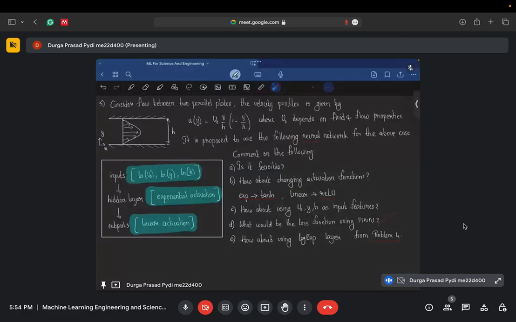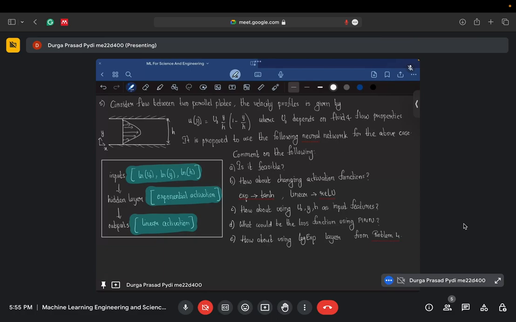Now say I want to use a PINN for this, how would my loss function be? In addition to the loss, I should be using a differential equation. So what will be my differential equation? This is a very straightforward question. If you are into fluid problems, you would already know the governing equation from which this particular equation is derived, so we will be using that. For those of you who do not know the governing equation, how do you do that? It's more mathematical and not related to this particular course, but you can just take the derivative of this and come up with your own differential equation.